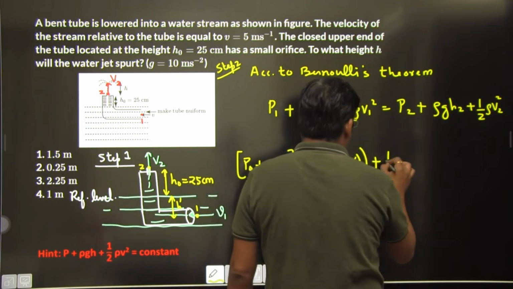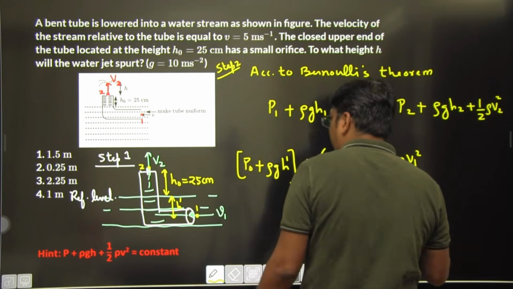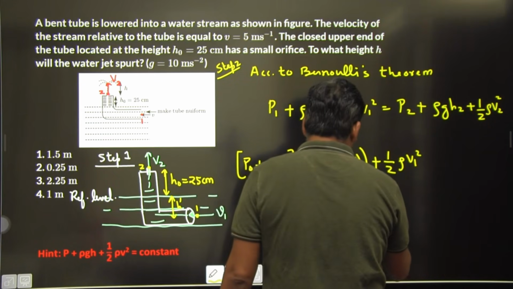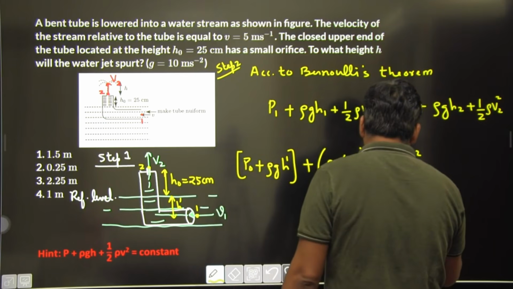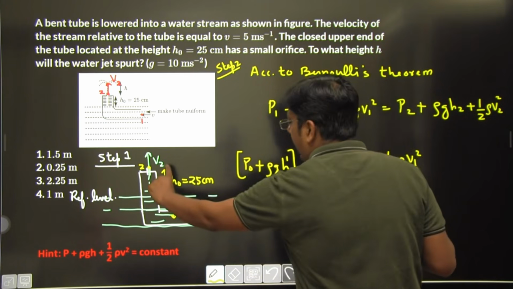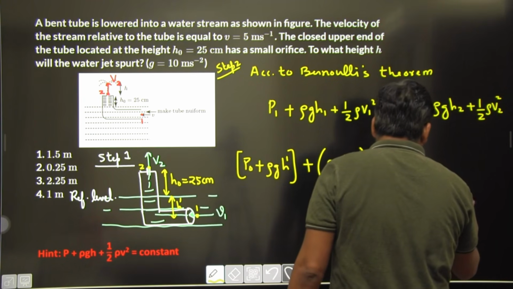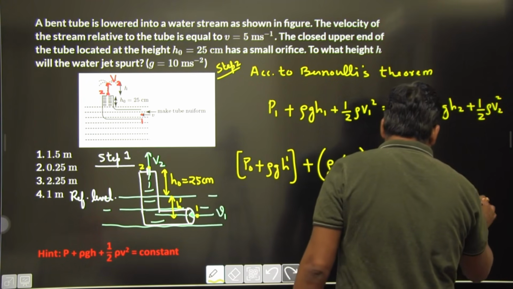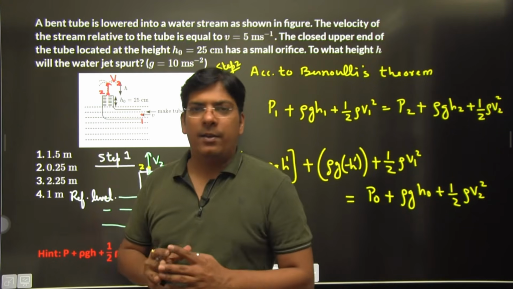Now this is half rho v1 square. What is pressure at 2? Point 2 is in the air, so pressure would be atmospheric pressure plus rho g, and the height above the water surface is h naught, plus half rho v2 square. This v2 has to be calculated here.